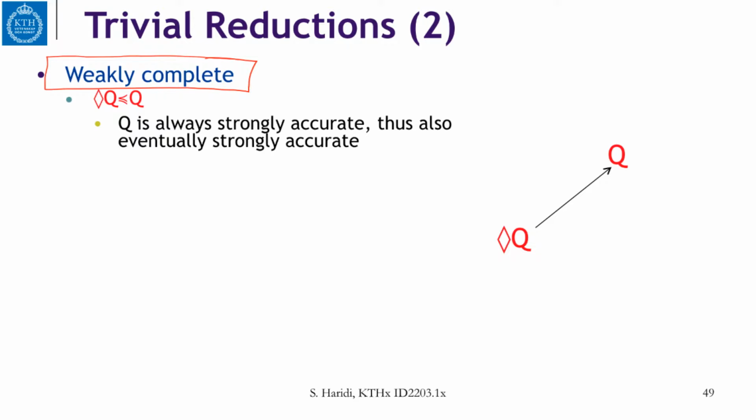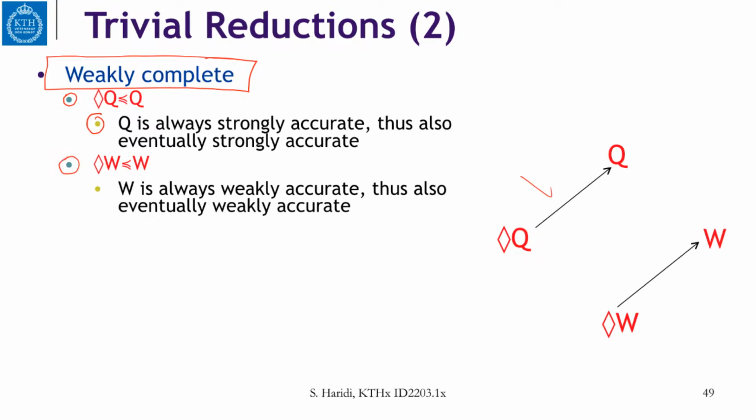So by the same token, diamond Q is reducible to Q. Q is always strongly accurate, thus it is eventually strongly accurate. Diamond W is reducible to W, since again W is always weakly accurate, so it is also eventually weakly accurate.